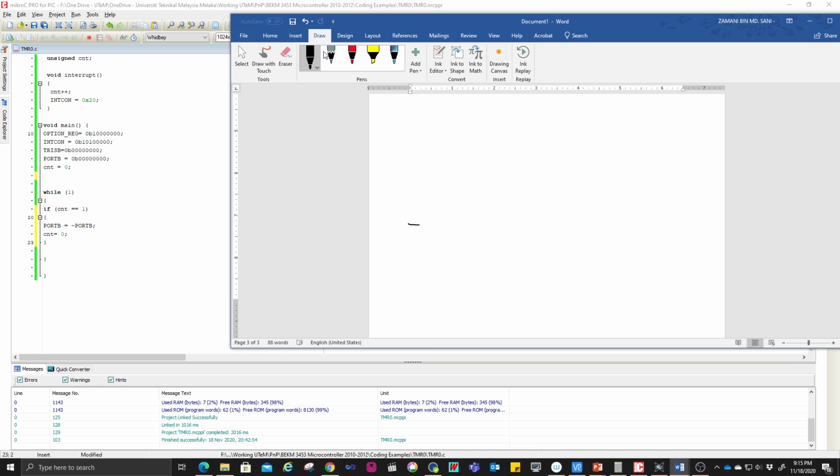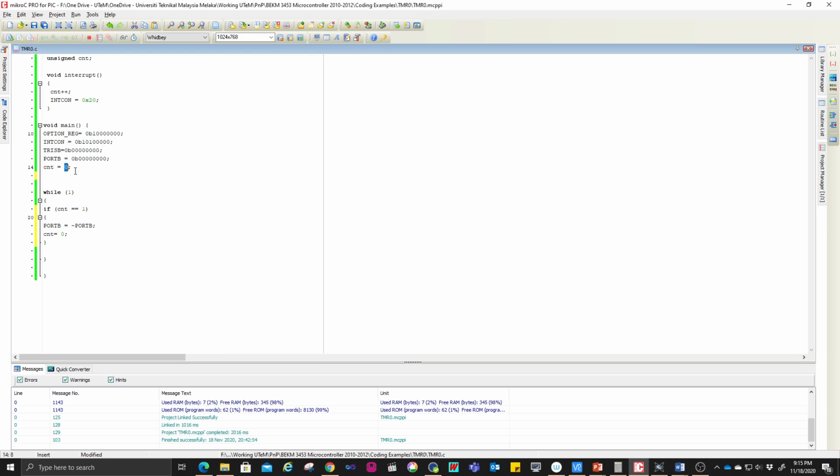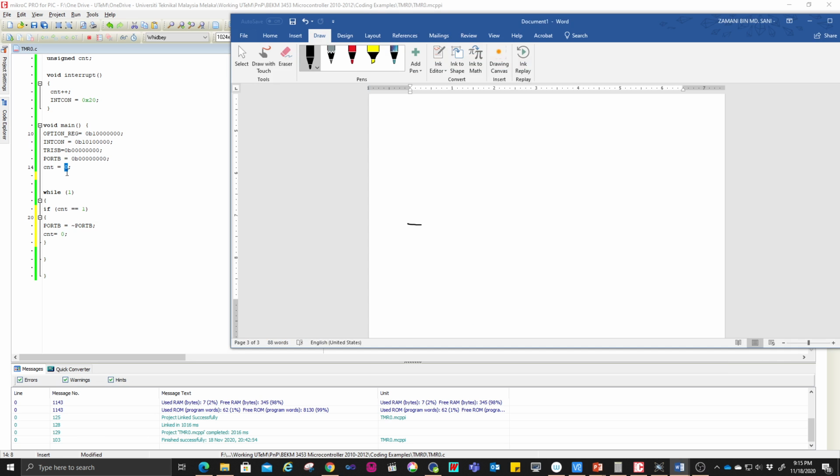And then your count at while 1 here is checking whether the count is equivalent to 1. So is it counting as 1? Your count is still 0 here. And your timer is still counting. Your timer has already started counting, timer 0 starts from 0 and goes up to 255. So while going here, your count is still 0. If count is equivalent to 1, then it will go inside here, but now your count is still 0.